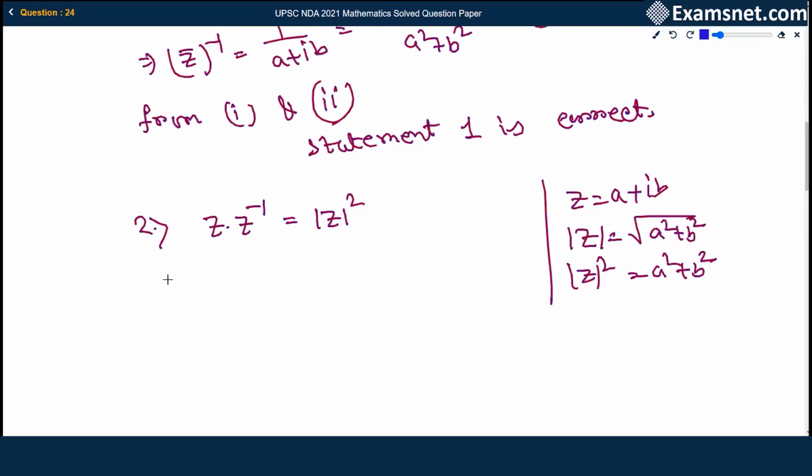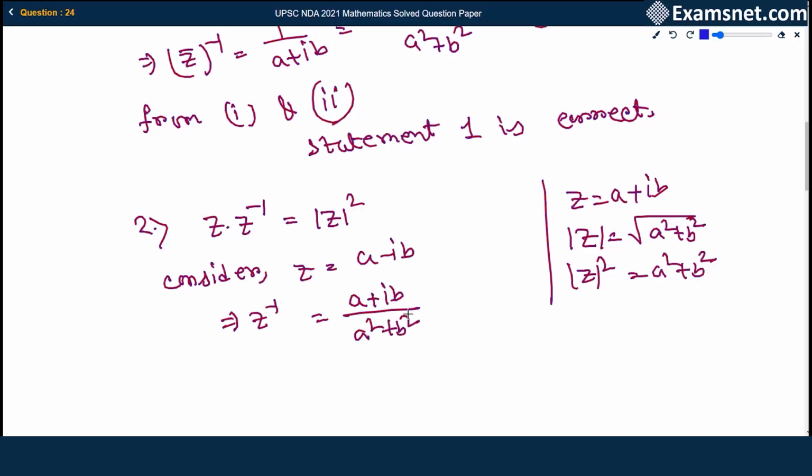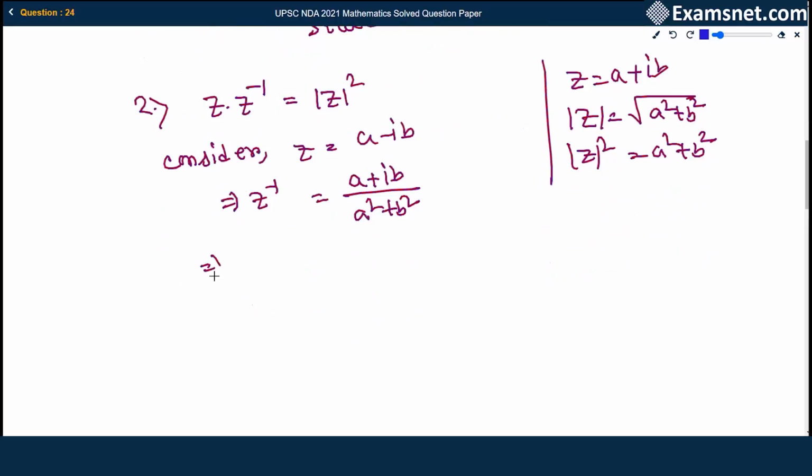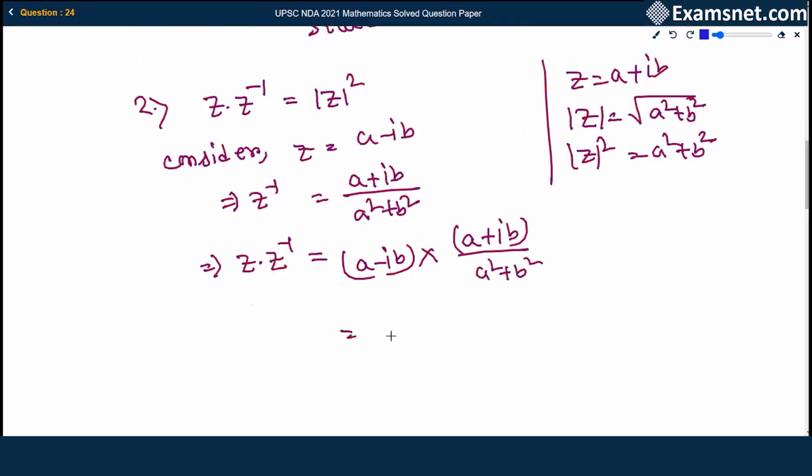So here consider z as a minus ib. We can consider this. So z inverse will be a plus ib by a square plus b square, right? Now let's find the product of z and z inverse. a minus ib with a plus ib, over a square plus b square. Yes, we will get another a square plus b square.